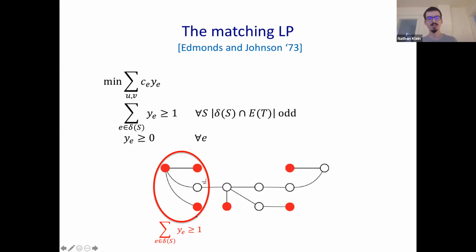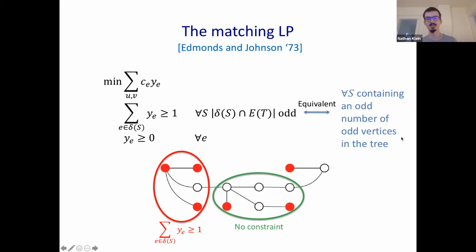So one of them must be matched outside the set, letting us add this constraint. This set, on the other hand, has no such constraint because these two vertices could be matched to one another. So this is the same thing as looking at sets with an odd number of odd vertices in the tree.